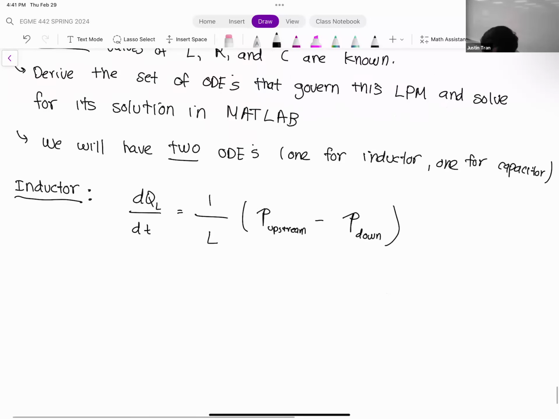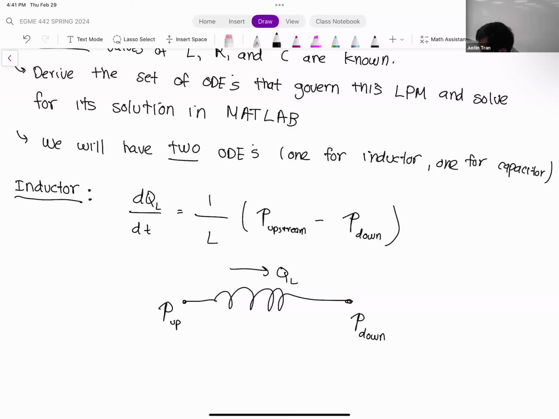Where if we have an inductor like this, P upstream is on the left side and P downstream is on the right, and the flow goes across the element just like that. So we know that the time derivative of the flow across the inductor is equal to the difference in pressure divided by L.